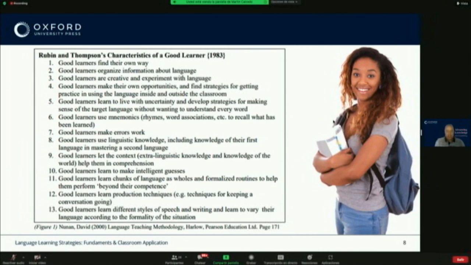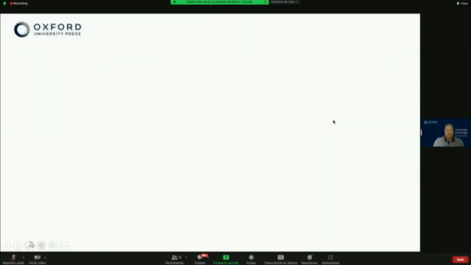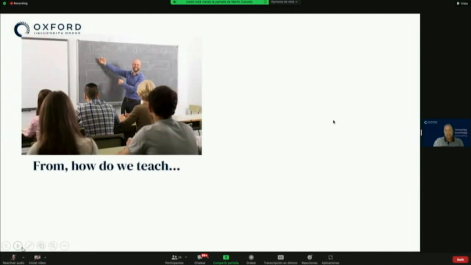And what this thinking, what this analysis is telling us is that we are switching, we are going in a different direction, because for years we have thought, how do we teach? How can I make my teaching better?